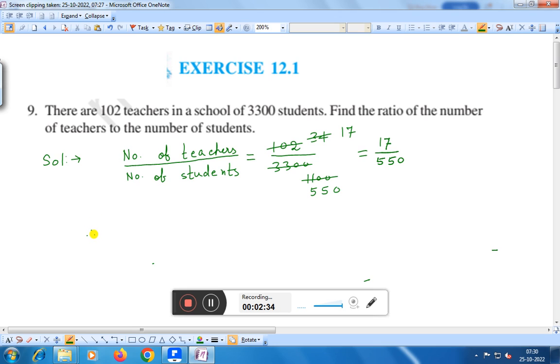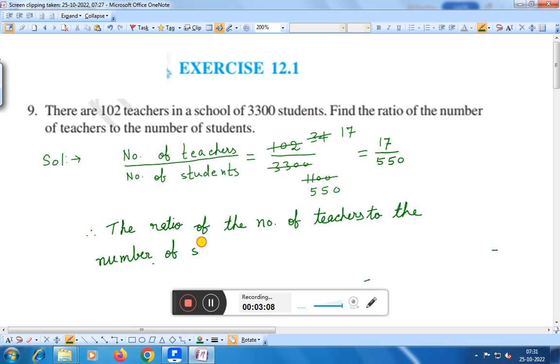Therefore, you can say that the ratio of the number of teachers to the number of students is 17 is to 550.